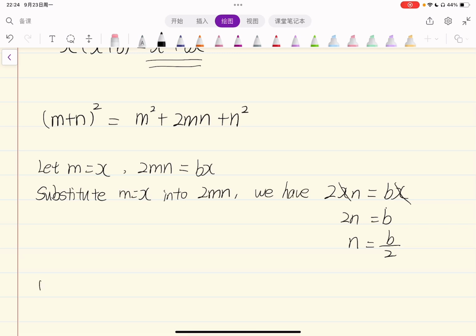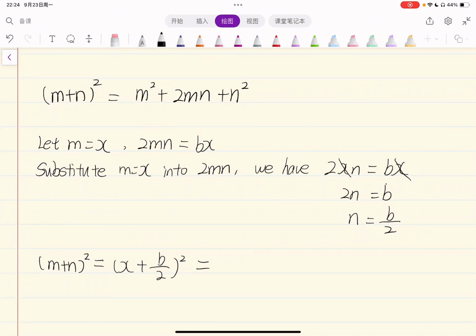We get m plus n squared equals x plus b over 2 squared, which equals x squared plus bx plus b over 2 squared. But we only want x squared plus bx.